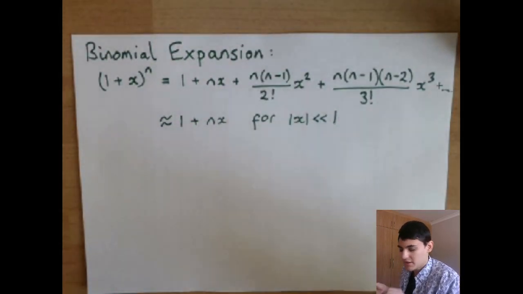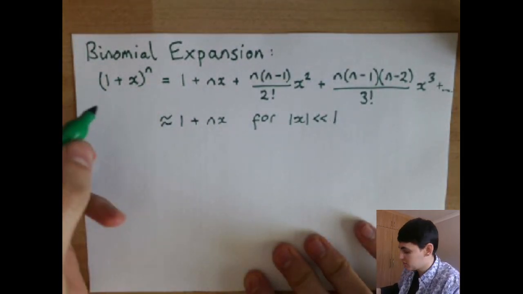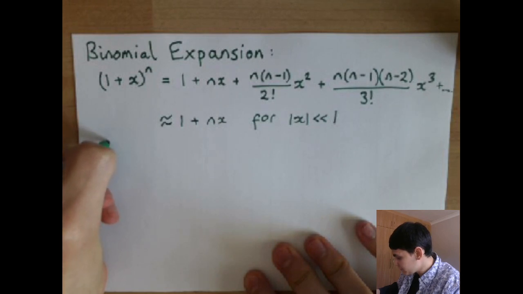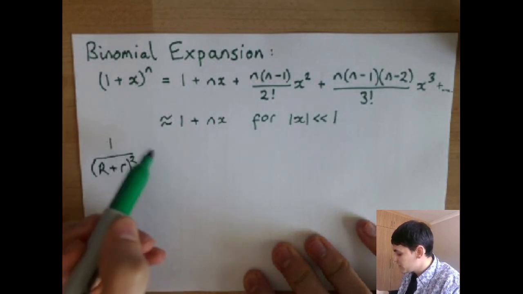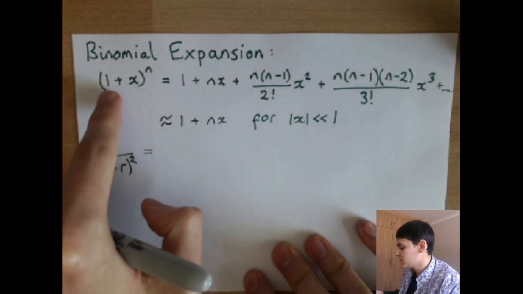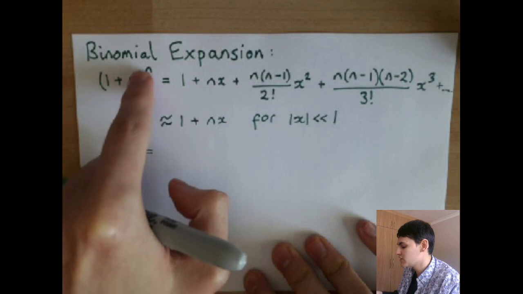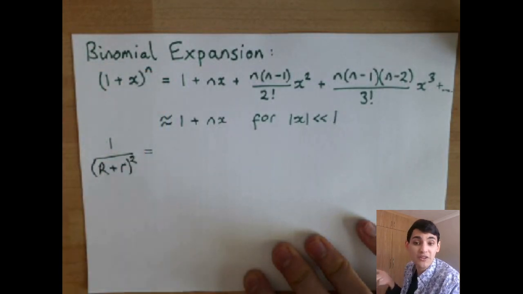So let's do that with our big R plus little r all squared term. Okay, so what have we got? We've got big R plus little r all squared. First thing I'm going to do is change this into a something plus something to the power of n term. So basically change that 2 into a minus 2.